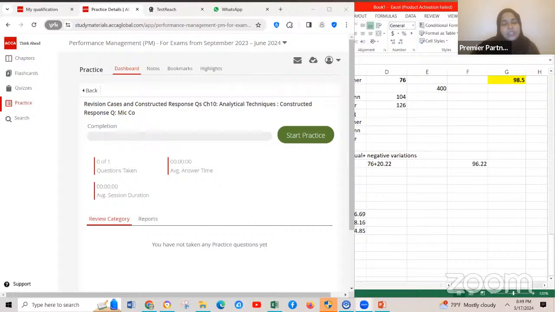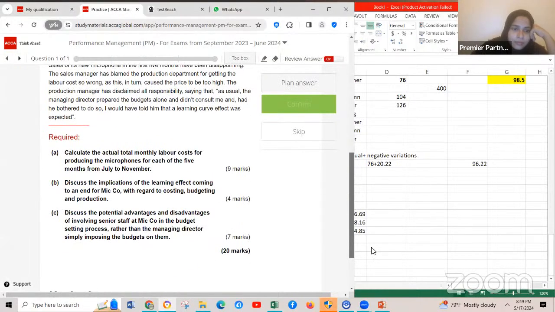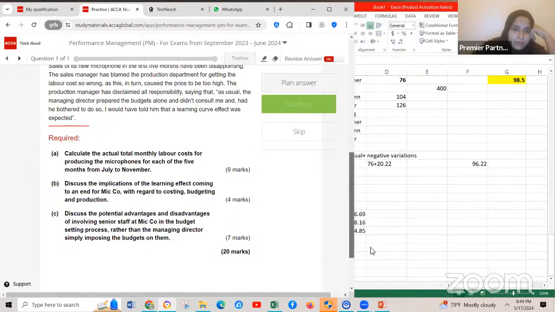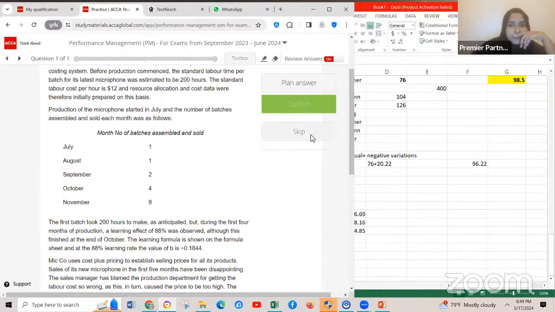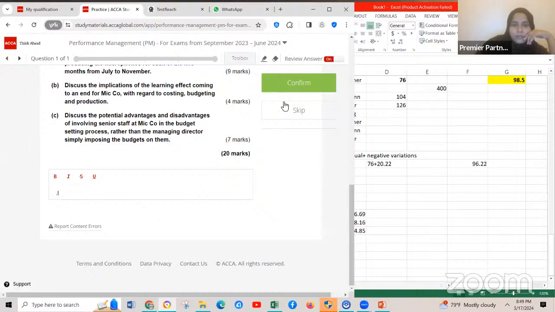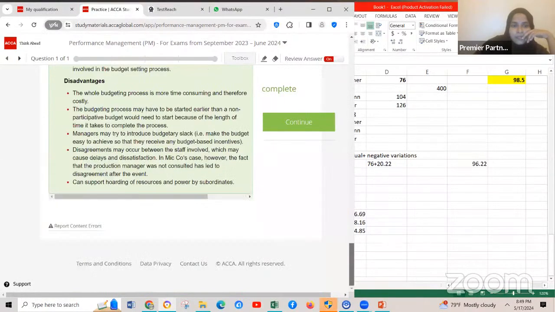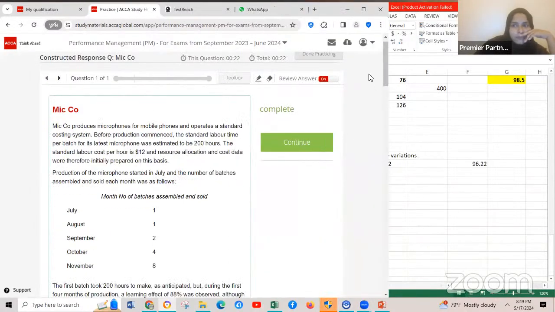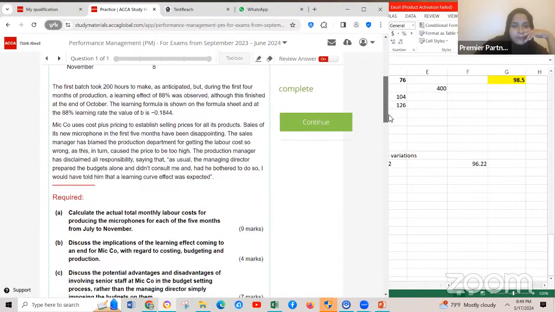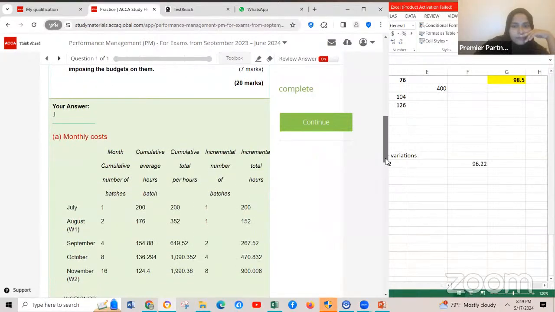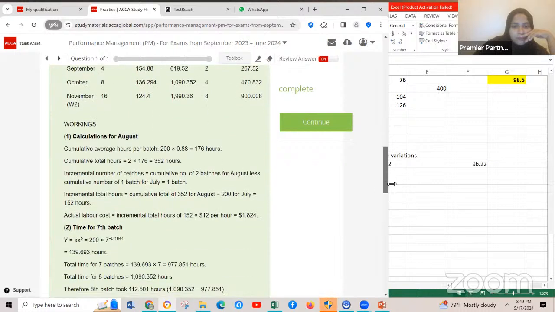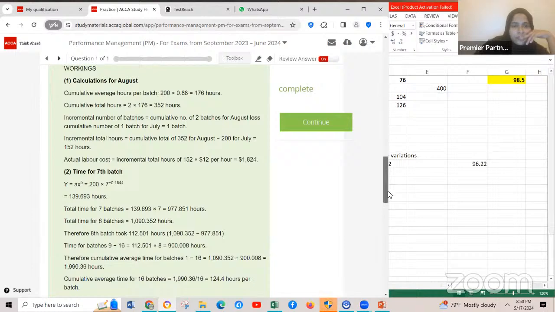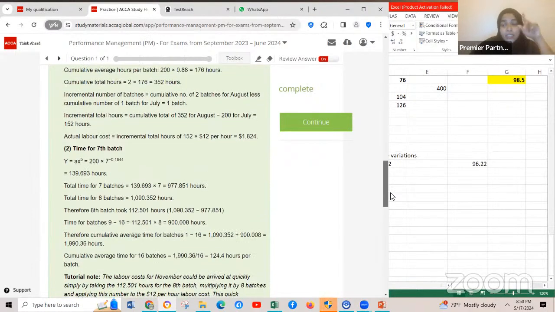Yes, analytical techniques can come for section C. Well, I'm thinking whether to do this today or next class, because I have a class after this as well.